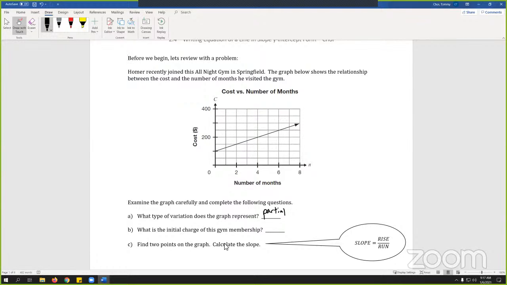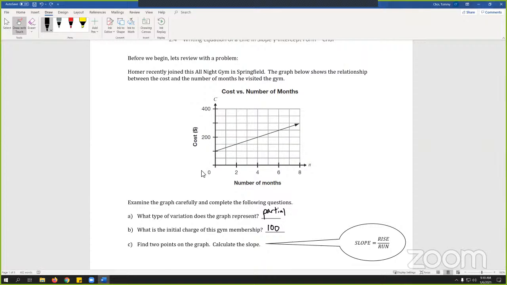Second, what is the initial charge of this gym membership? What's the initial charge? Gerald writing 100, absolutely. It's the starting charge. So even though Homer doesn't go to the gym at 0 months, he still has to pay $100.